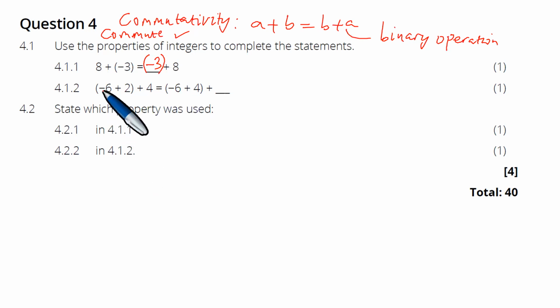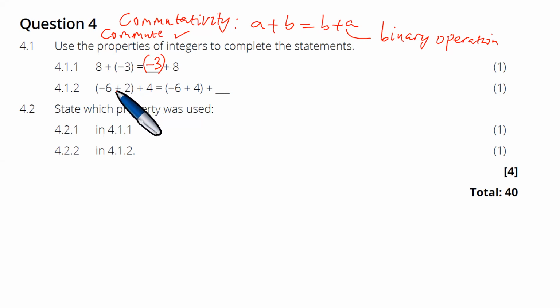Right, if you have minus 6 plus 2 plus 4 is equal to, okay, minus 6. Now there is a 4 next to the minus 6 because we had a 2 next to the minus 6. But now there is a 4. And we can see that the 2 was next to minus 6.